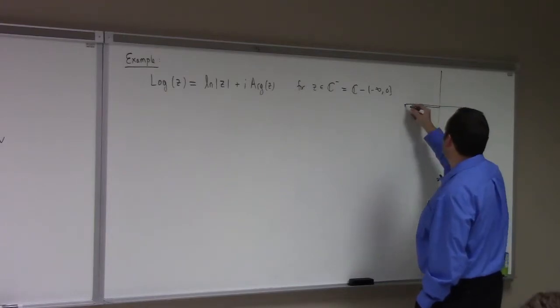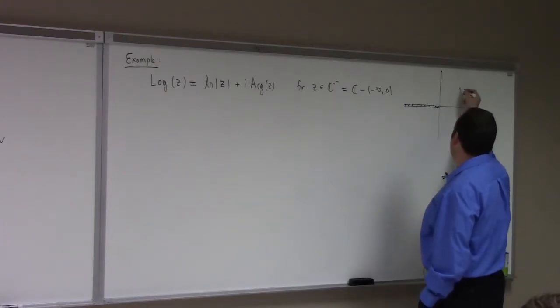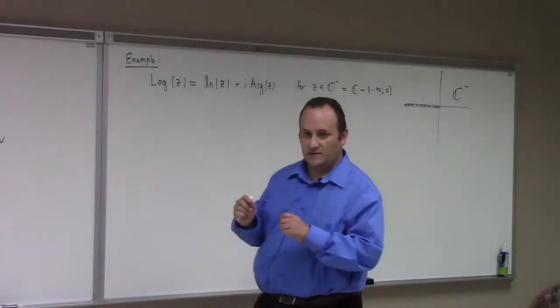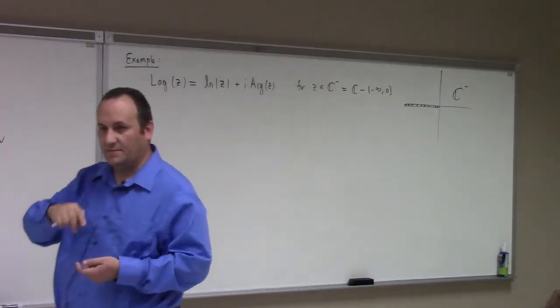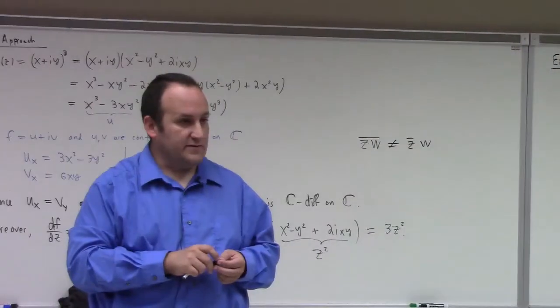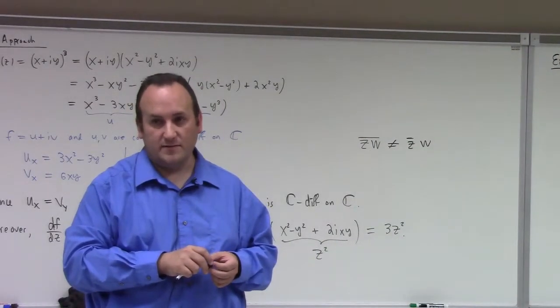Why do we have to remove this? We have to remove that because that's where there's a jump from minus pi to pi in the angle function, right? One of the things I've included in your homework is a short proof that if we have real differentiable, that implies continuous.